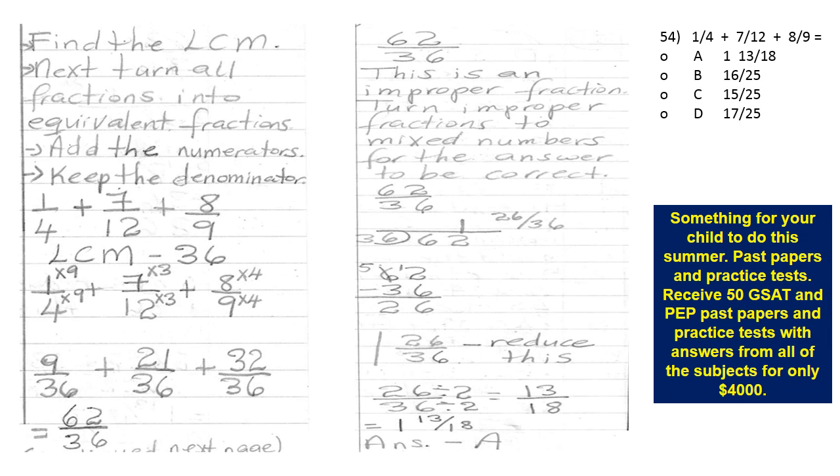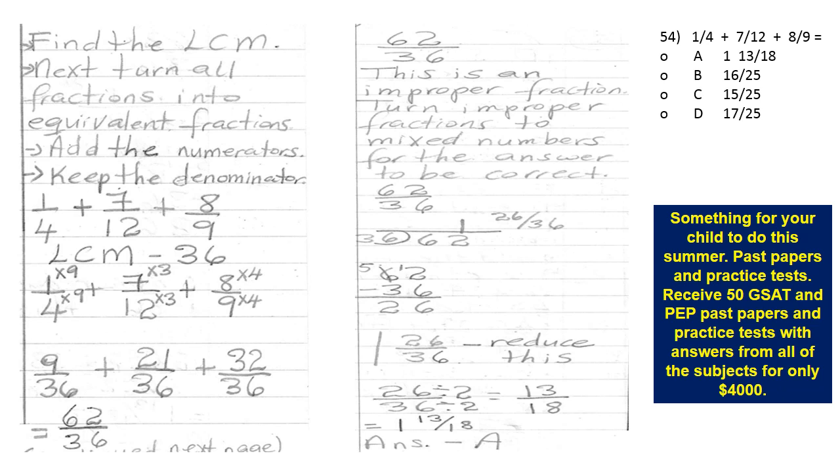Now let's turn all fractions into equivalent fractions with a denominator of 36. For 1 over 4, 4 times 9 equals 36, so you multiply the numerator also by 9.